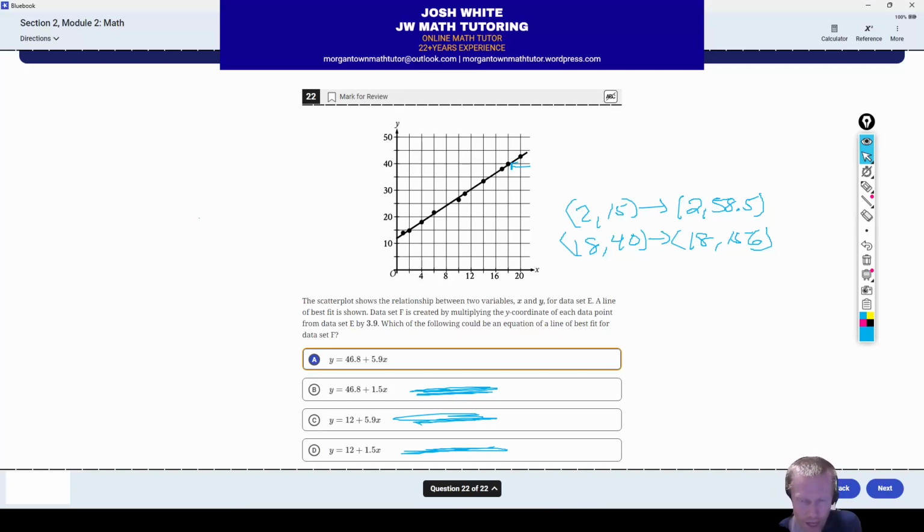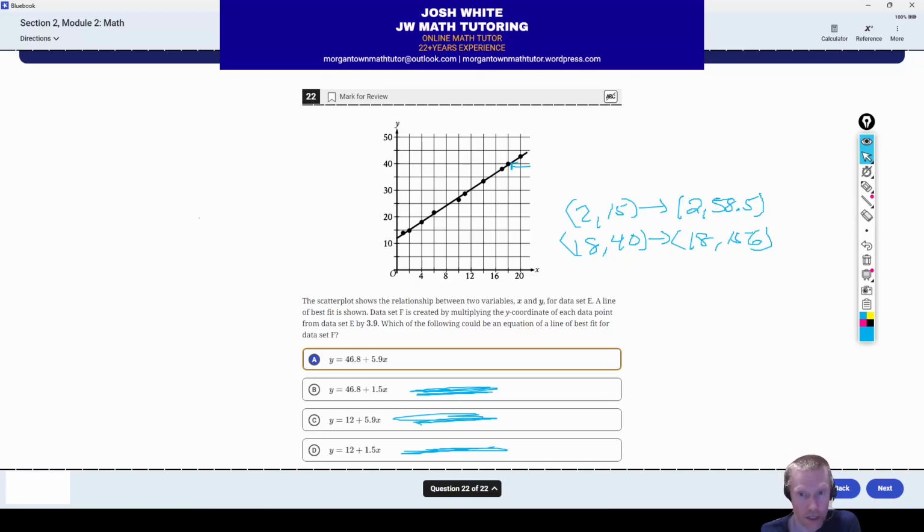Then with that equation, you multiply the entire right side, which is what the y value is, by 3.9. So in other words, you multiply the slope by 3.9 and you multiply the y-intercept value by 3.9. And that will come out to something which is very similar to what I just found in Desmos.